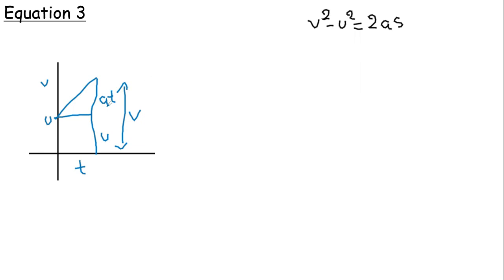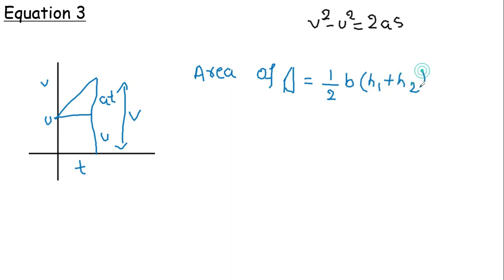Now here, instead of taking in this, I am going to take the whole area of this trapezium. I think you know the area of trapezium. Area of trapezium formula is half into base into h1 plus h2.